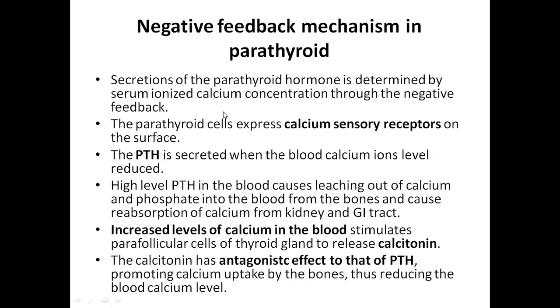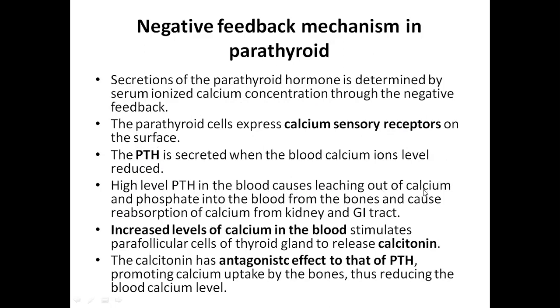Now, on the parathyroid cells, there are what are known as the calcium sensory receptors. Whenever there is blood calcium level fluctuation, or whenever there is reduction in the blood calcium level, the calcium sensory receptors sense it, and there is secretion of the parathyroid hormone. The parathyroid hormone that is secreted will perform all the functions to bring the calcium level to normal.